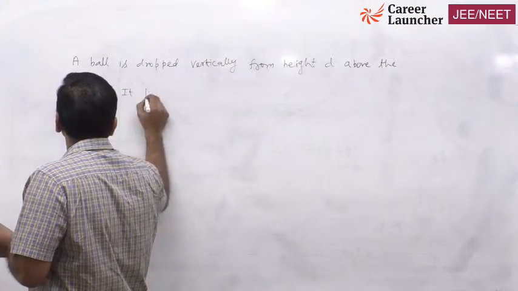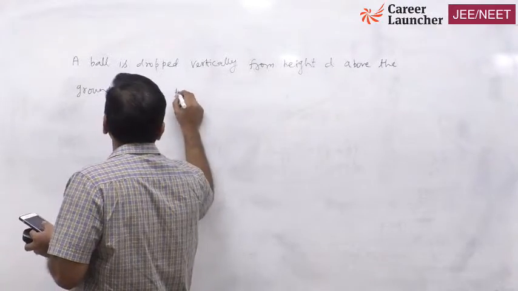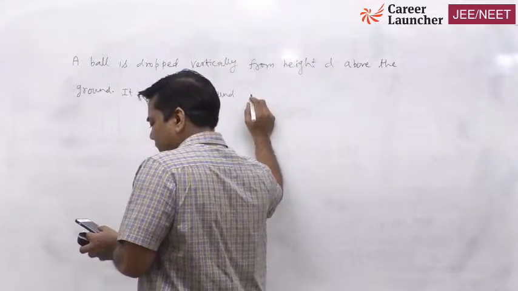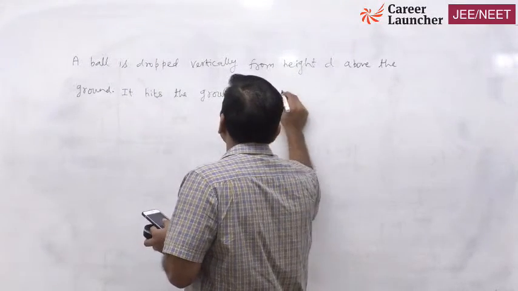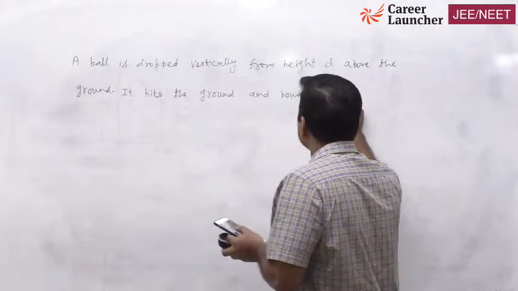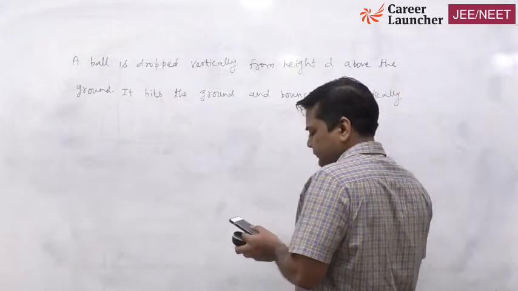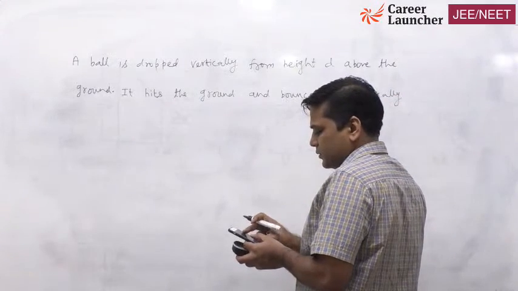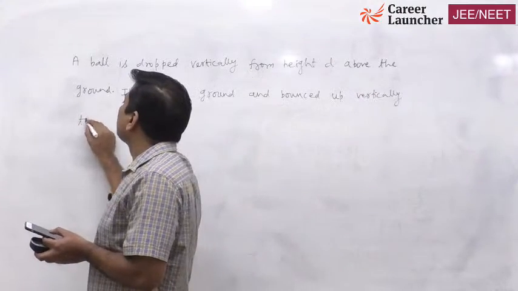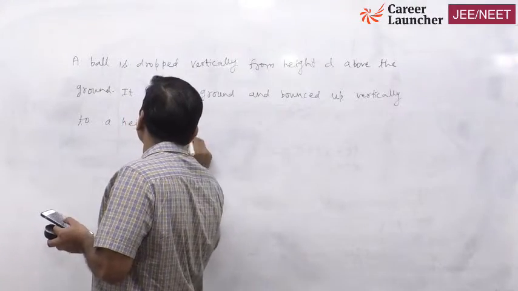It hits the ground and bounces up vertically to a height d by 2, so half of the height.